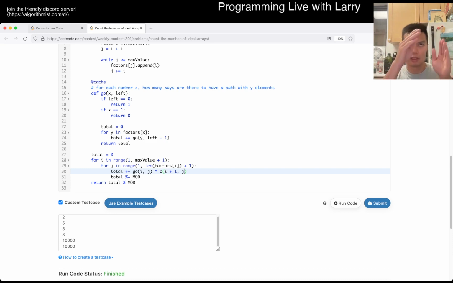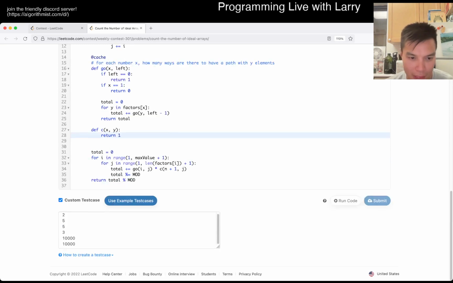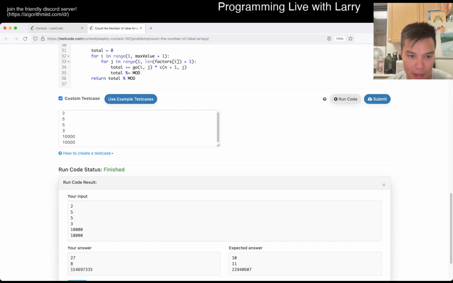Yeah, okay, so there's i plus 1. No, that's not right. What we do have is n plus 1 spaces and j numbers in that path, right? Okay, I think this part is right. Let's see if this is still fast enough. Okay, that's still pretty okay.